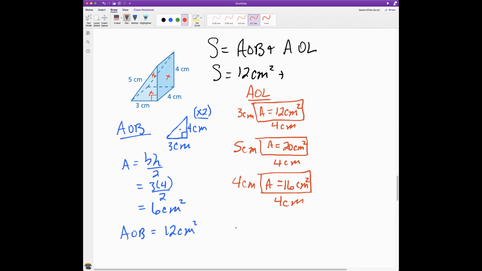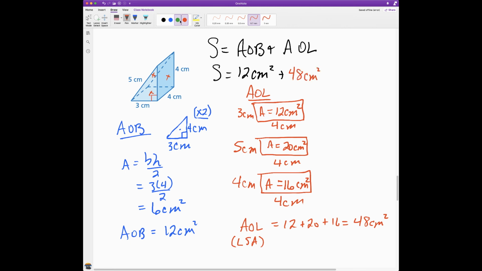So my AOL, area of the lateral faces. Also think of this as your lateral surface area. Okay, that equals 12 plus 20 plus 16, which gives me an answer of 48 centimeters squared.